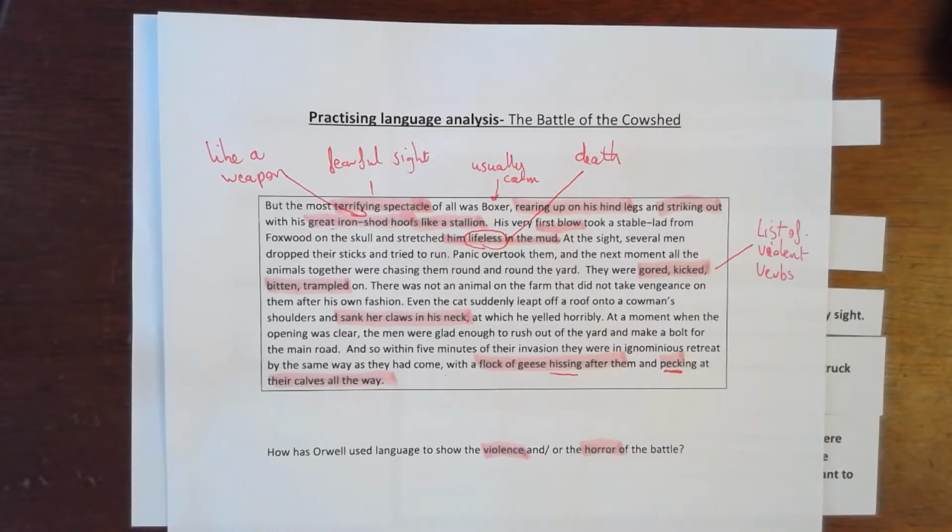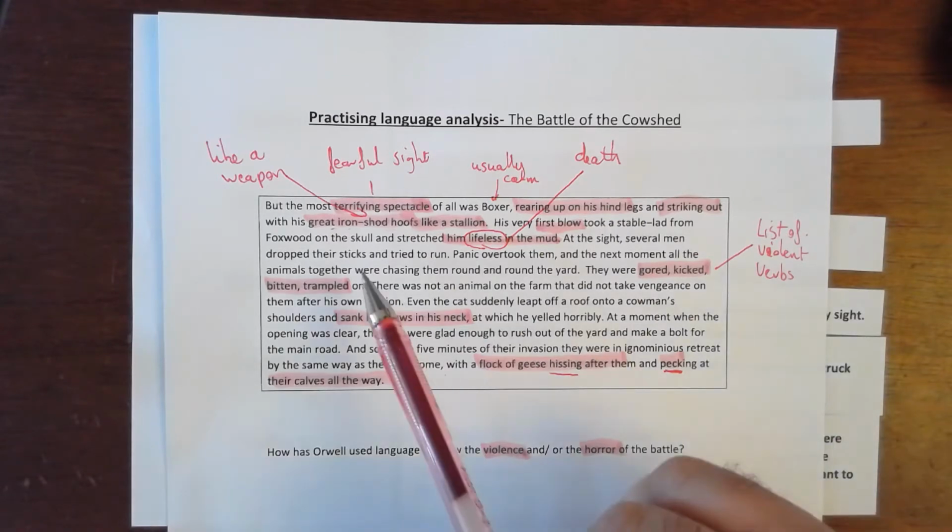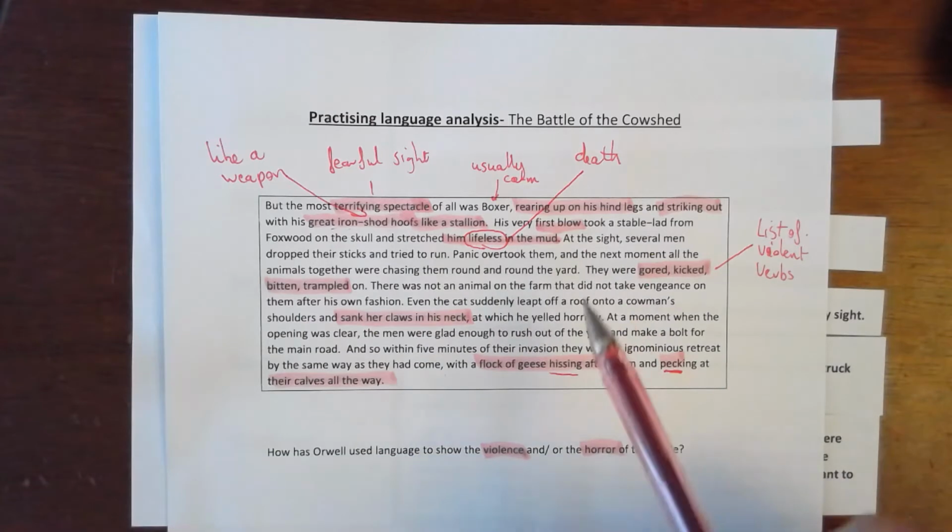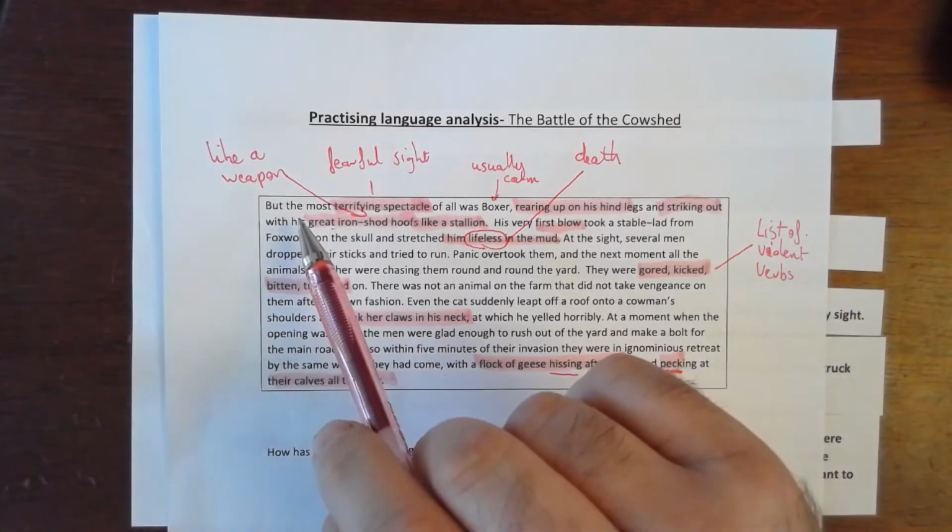So in the first video that you will have watched, we were looking at this question: how does Orwell use language to show the violence and the horror in a battle? And what I showed you, we underlined and talked about a few different elements, a few different sentences, phrases, words where he illustrates the violence and the horror of the battle, and the one that I'm going to focus on is this first line.